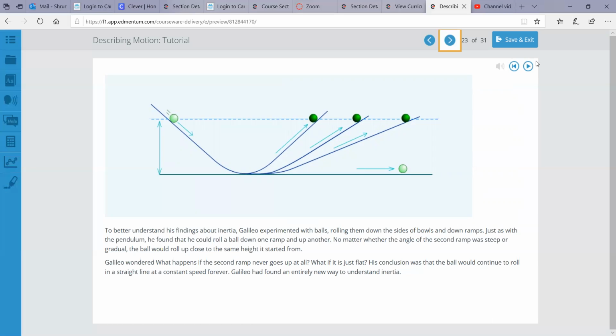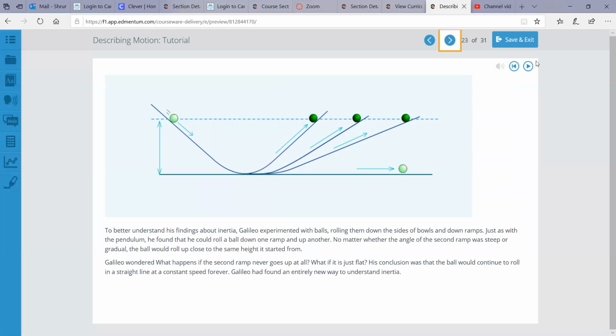To understand his findings about inertia further, he used balls and rolled them down the sides of bowls and ramps. And just as with the pendulum, he found that he could roll a ball down one ramp and then up another to the same height.